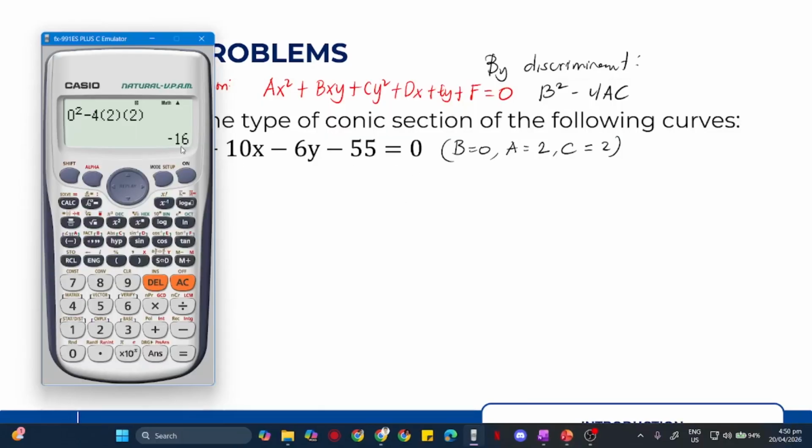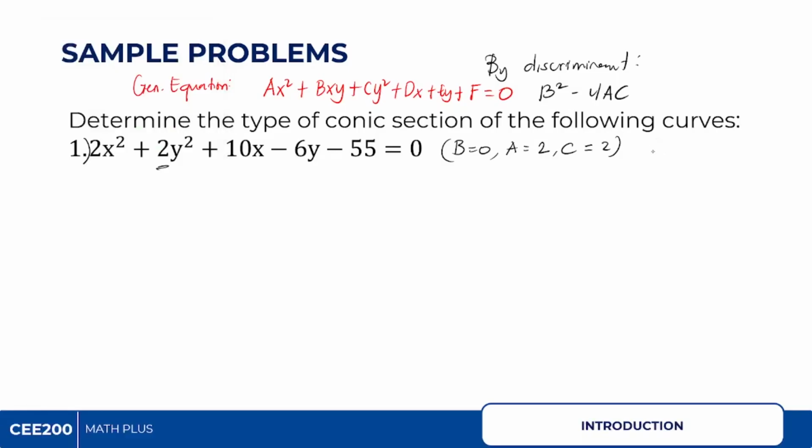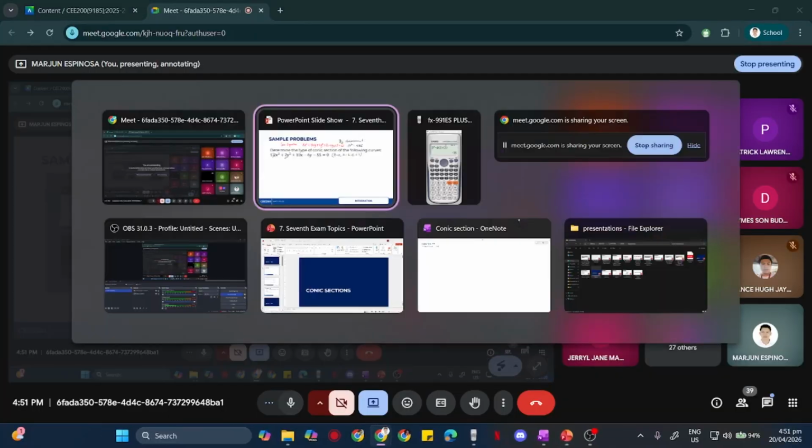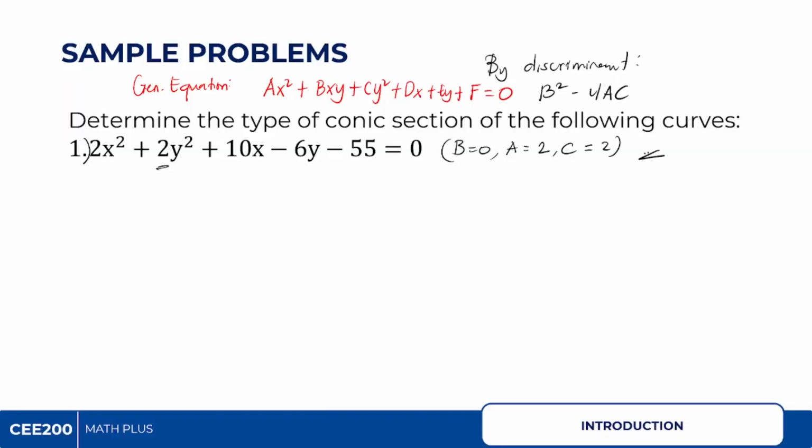Okay, so you would get negative 16. So, yung discriminant nito is what? Lesser than 0. Okay, lesser than 0. So, yung discriminant nito, which is equivalent to b squared minus 4ac, is lesser than 0.